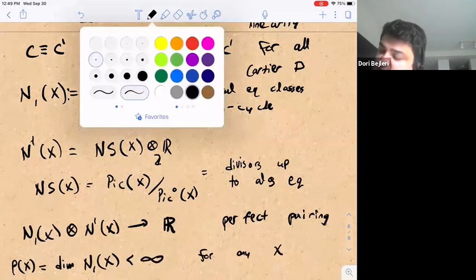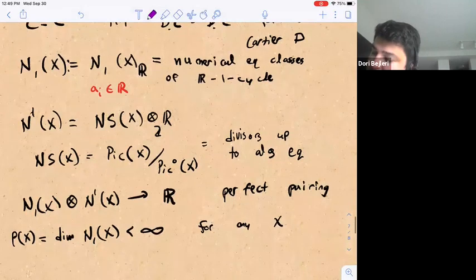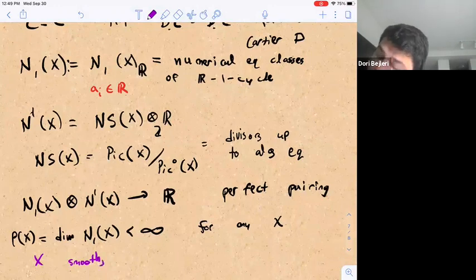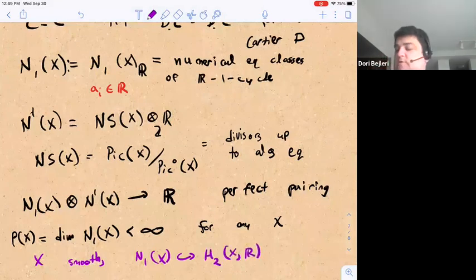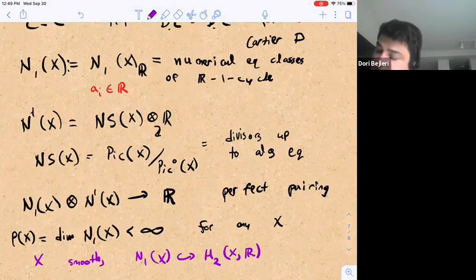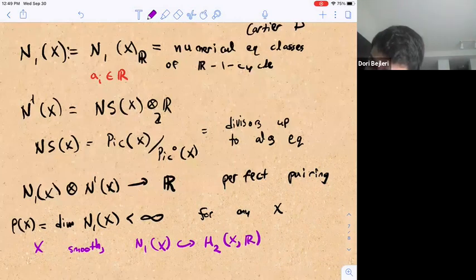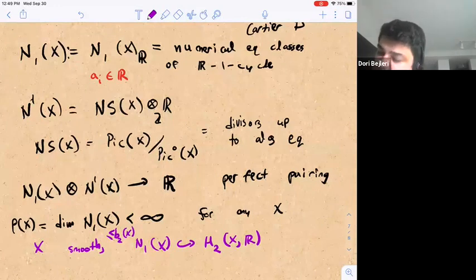So we already saw this in the smooth case using some topology. In the smooth case, you do this by embedding N1 into H2 real, where you look at the fundamental class of some curve. So in the smooth case, this is less than or equal to the second Betti number, which is finite. But in fact, it's true more generally.